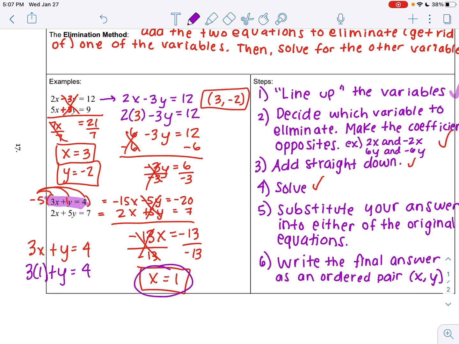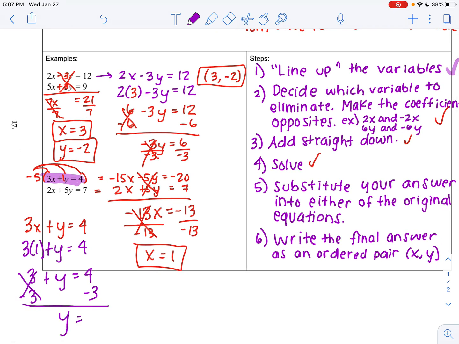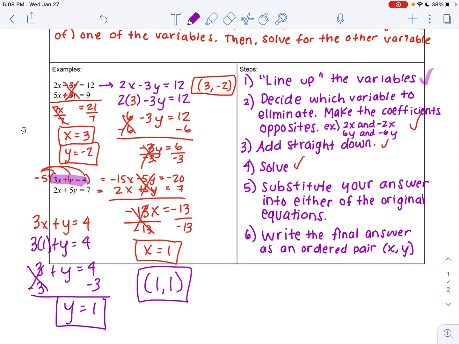Remember, I got 1 for x. Now here, 3 times 1 is 3. Get y alone by subtracting 3. So y equals 4 minus 3 is 1. So remember, my step 6 says write as an ordered pair, which just means x comma y, which is 1 comma 1. All right, and that is your final answer.